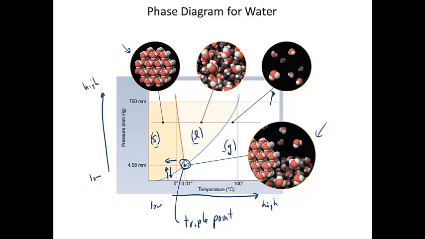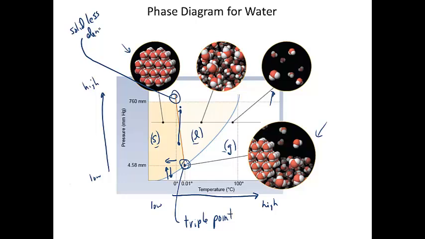Let's go back to our phase diagram for water here. If you're right here with water and you're solid and you increase the pressure on it, it will turn into a liquid. And the reason is that for water, the solid is less dense.